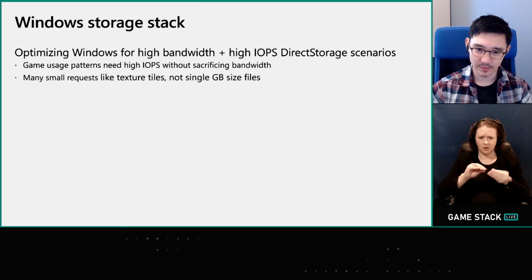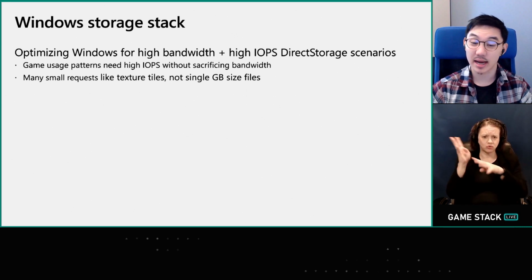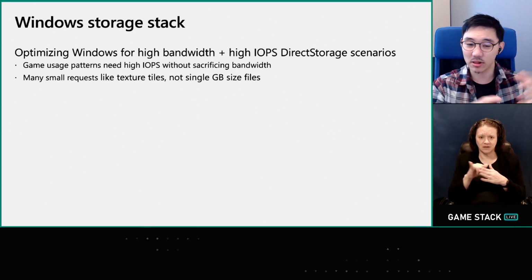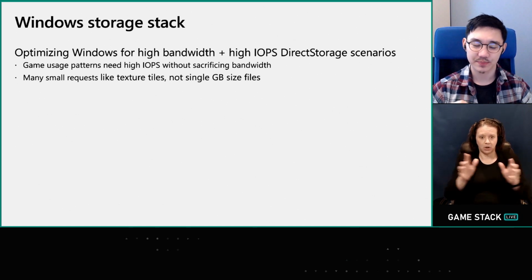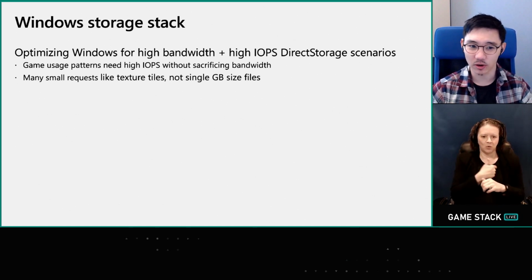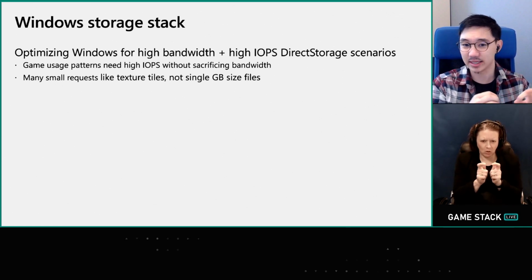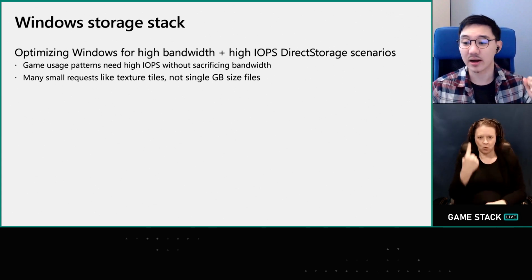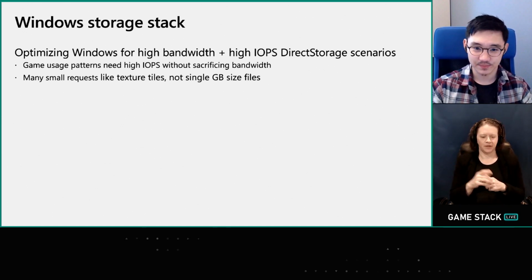And so you can imagine your game, you have texture streaming, you have tiles. Those tiles are small, but you want to have a lot of them loaded in at once. We have to essentially make the system efficient for many, many, many small requests. We're not just optimizing for a single, many gigabyte size file. There are details around why.